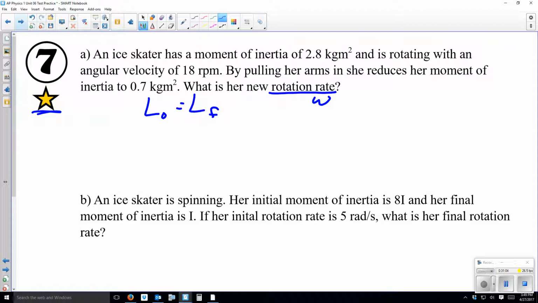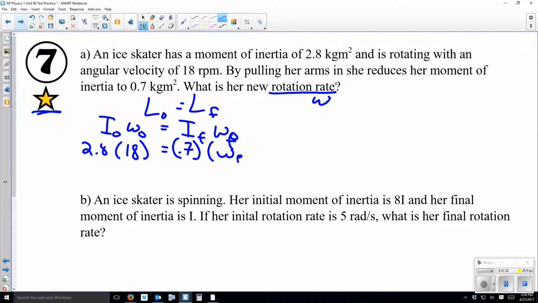And now it's just plugging in. 2.8 was her initial moment of inertia times an angular velocity of 18 revolutions per minute. That is equal to 0.7 times her new speed. Divide it all up, and you end up with 72 revolutions per minute.